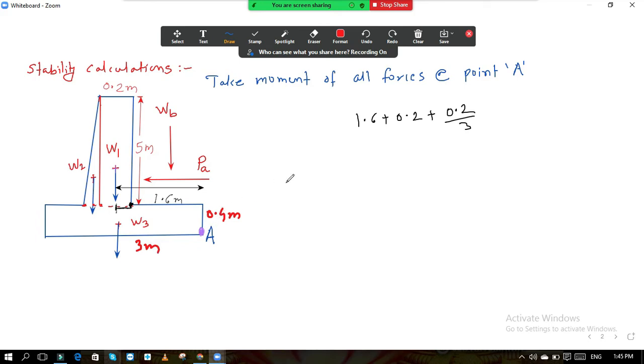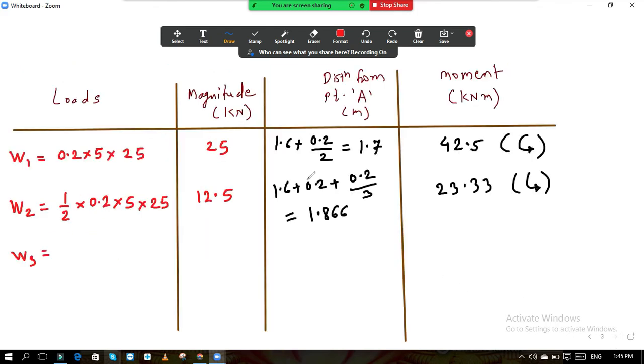So the area will be 0.4 into 3 into 25, and the distance from point A will be, if this total is 3 meter, then half of that, so it is 1.5 meter, 3 by 2. So here I can write this rectangle: 0.4 into 3 into, again it is made up of concrete, so 25. It is 30.